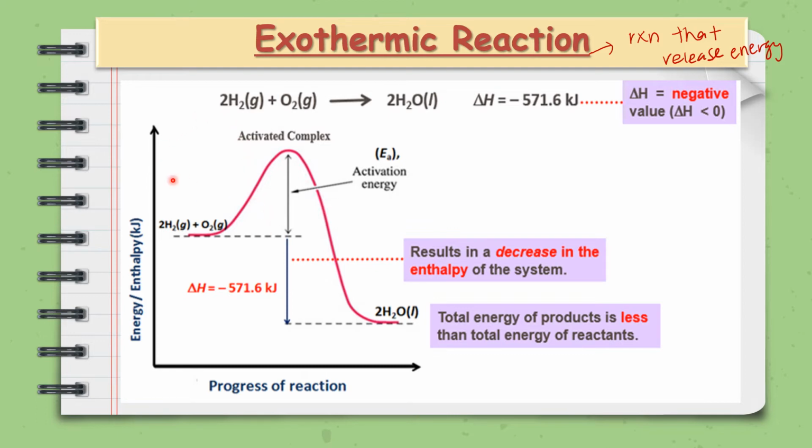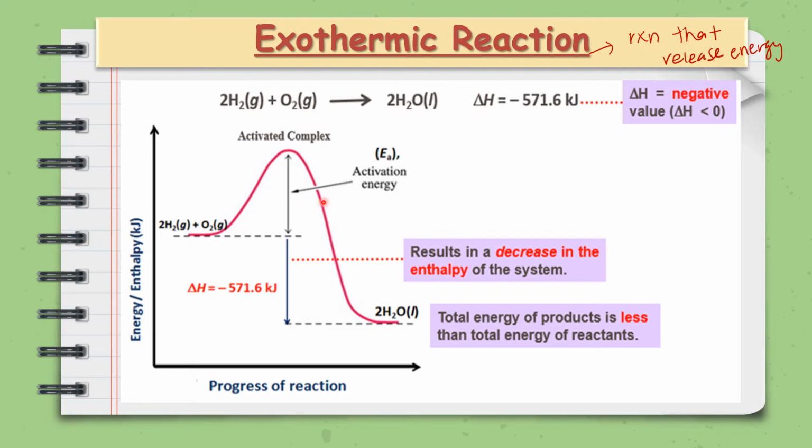When we talk about energy, it's directly proportional to its enthalpy. So it has higher enthalpy here. When the reaction occurs, they release that energy, so the product over here will have less energy. So the total energy of the product is less than the total energy of the reactant because it has already been released. So this results in a decrease in the enthalpy of the system.